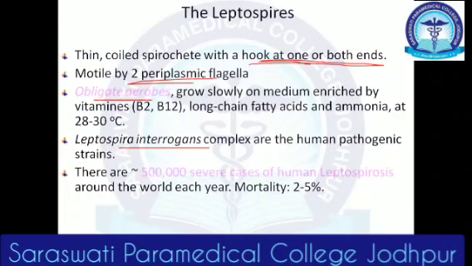Interrogans are the human pathogenic strain, as you can see. But still, they need the right environmental conditions for their growth. So though they infect the human body, they need a sufficient amount of time and temperature to finally thrive inside the host body like humans.